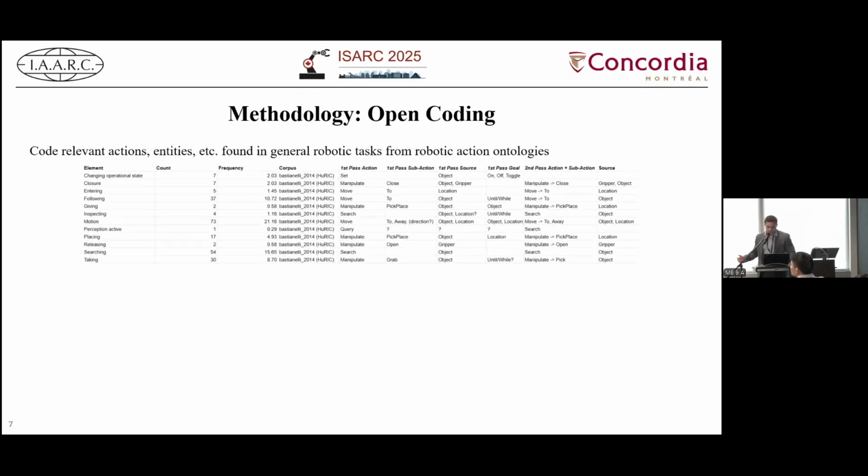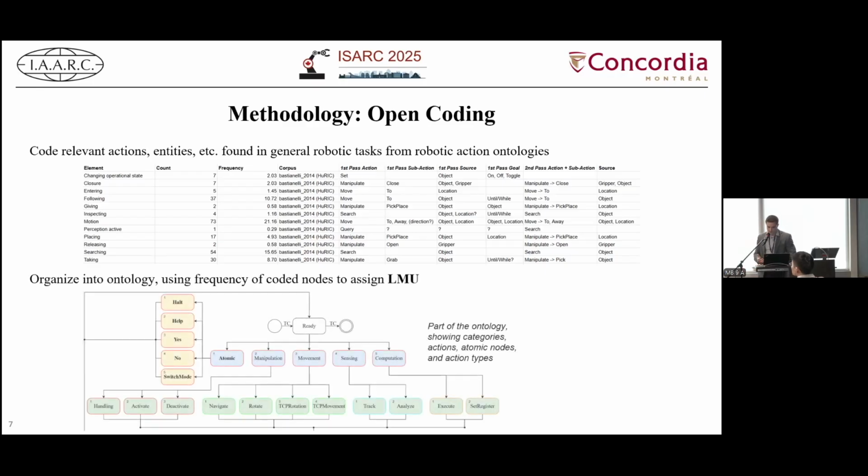The open coding process just involves picking out relevant robotic literature and coding these terms to get relevant robotic tasks.